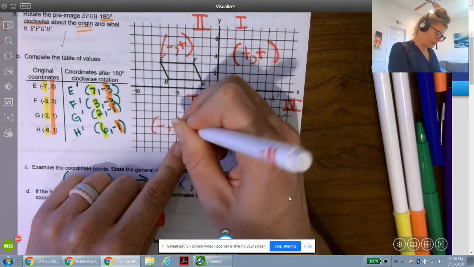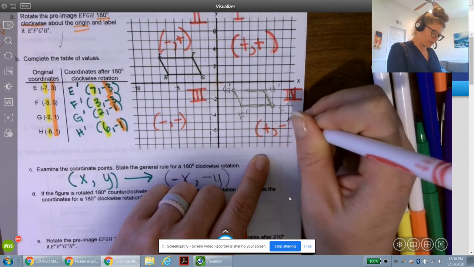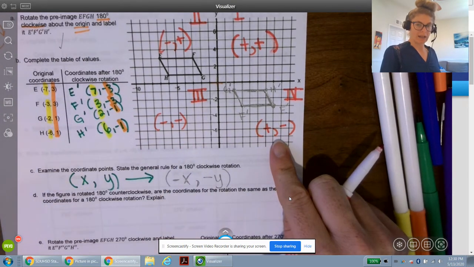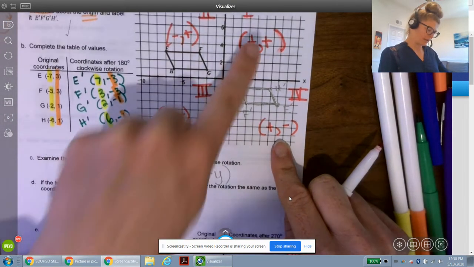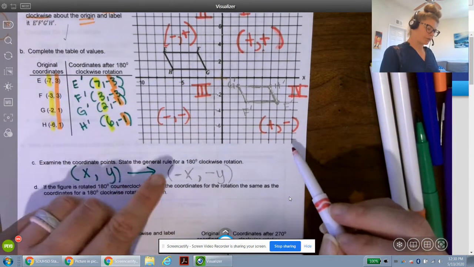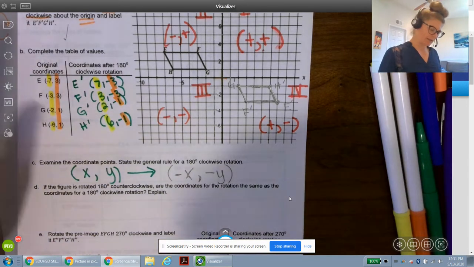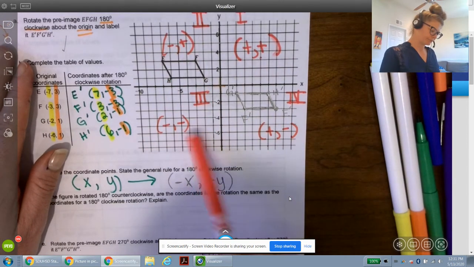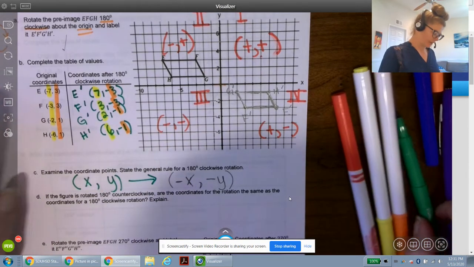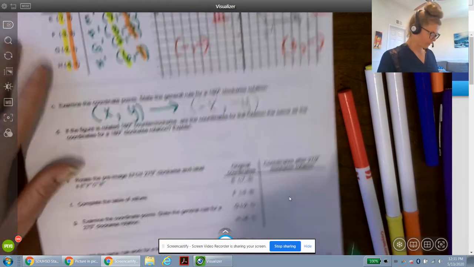Here, we're always going to end up with a negative. And here, we're going to end up with a positive negative. So if you think about going 180 degrees, you're always going to be going to the diagonal quadrant. And the diagonal quadrant is always going to have the opposite sign than what you came from. So that's why this happens, just in case you wondered.